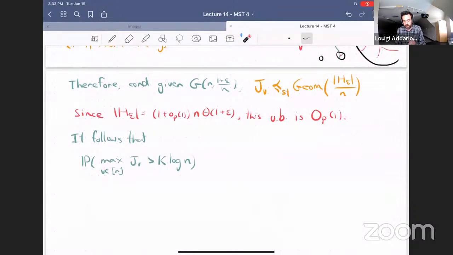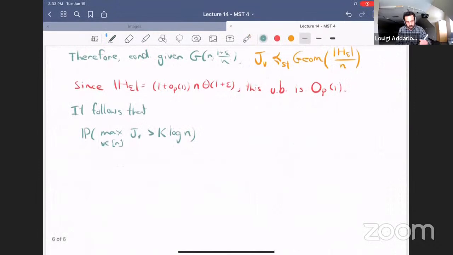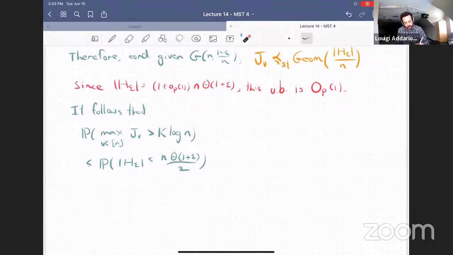Just because one of them is going to be order 1 doesn't mean the biggest is going to be of order 1, right? But I can say that that's at most, I want to argue conditionally on this structure. So the bad news is if H epsilon for some reason is much smaller than it should be, because then my geometric bound gets bad. So if I'm unlucky and the largest component is less than half of the size it should be, then I'll say that's bad news. But we know by the law of large numbers that's unlikely.